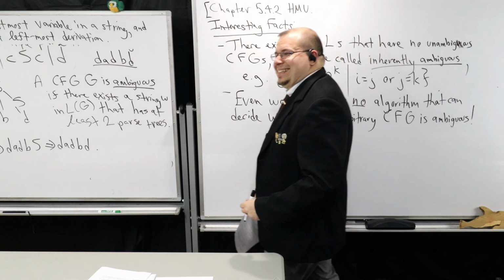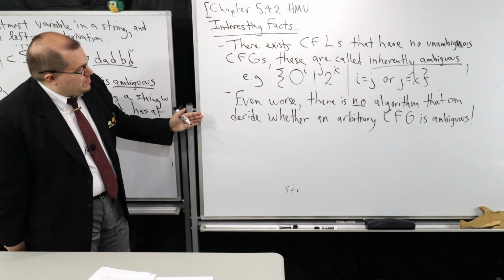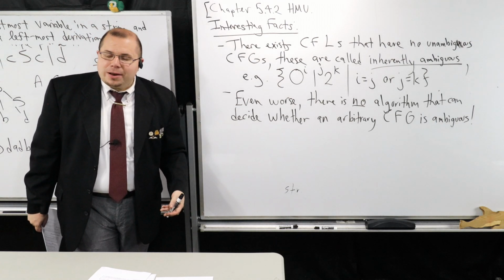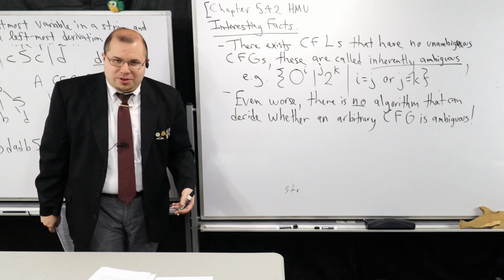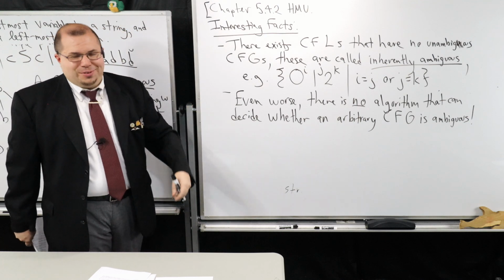Boom. That's horrible news for anybody that would really like some process to be able to tell you, yeah, no, I give you a context-free grammar, I want to know if it's ambiguous or not. Unfortunate thing is there is no such algorithm.